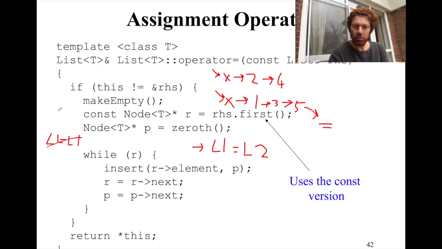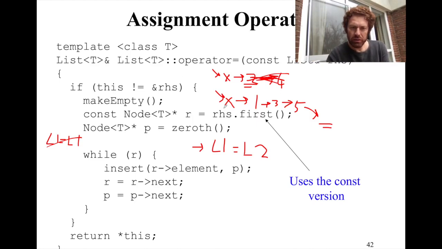Remember, this is the call within L1, so everything that I call without any preceding dot will be applied to L1. So make L1 empty. So 2 and 4 are gone forever, and the dummy head dot next will be null. It is what make empty does. I lost all that content in one shot.